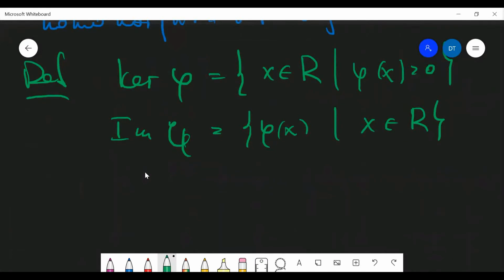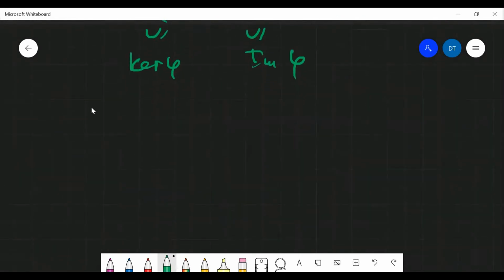If we have this picture, the kernel belongs to the left-hand side and the image belongs to the right-hand side. And let me formulate the claim regarding the kernel and the image. This will be the last claim for today.